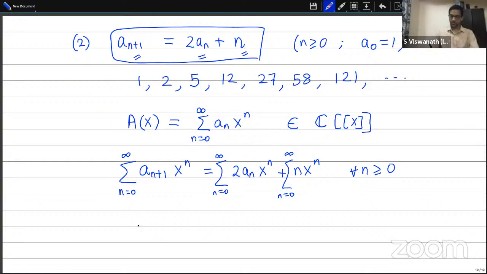We've done this sort of thing before. This first term is 2A(x). The term on the left is just (A(x) minus a_0) divided by x.